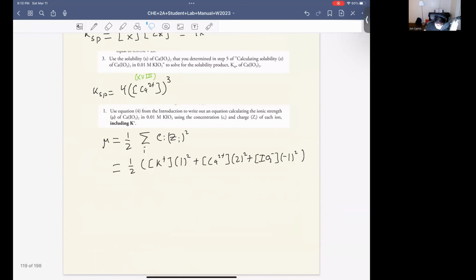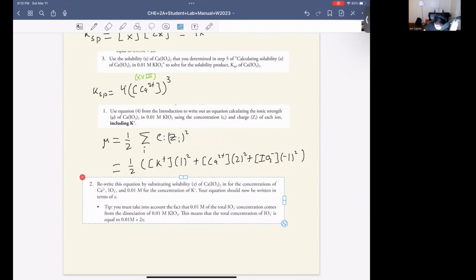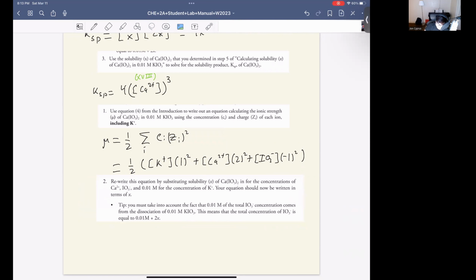All right. Now keep in mind, this iodate is all the iodate in the solution. We already calculated it, so I don't see any reason why not to use it.